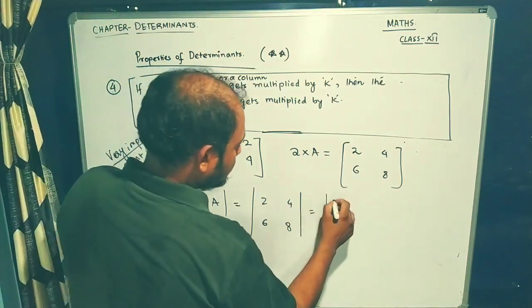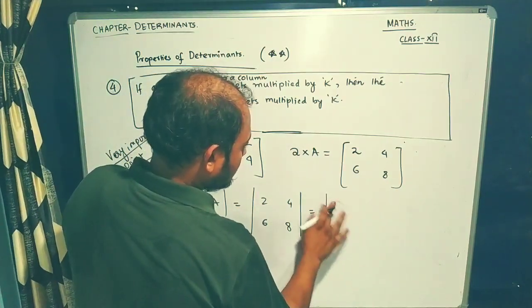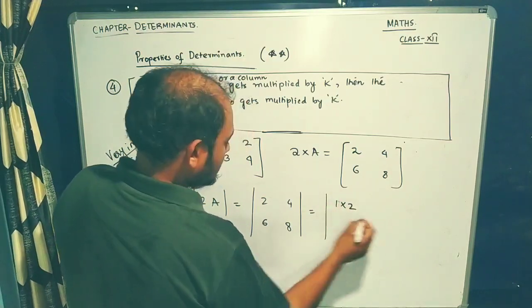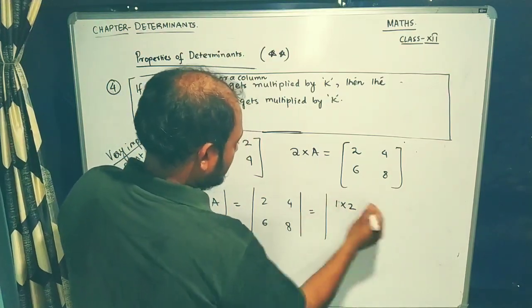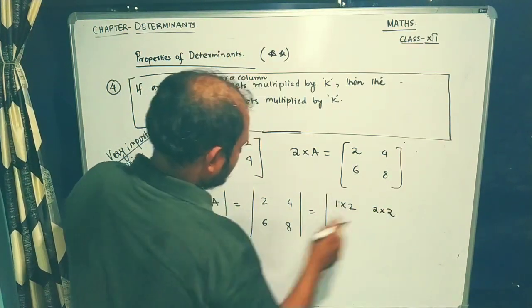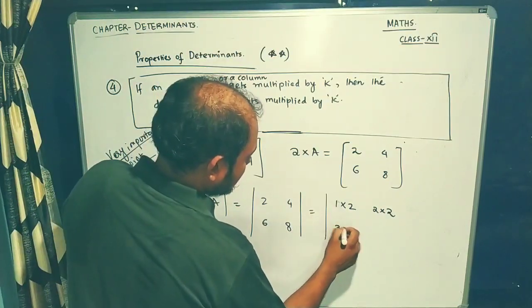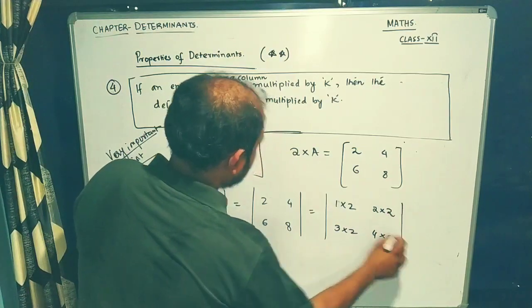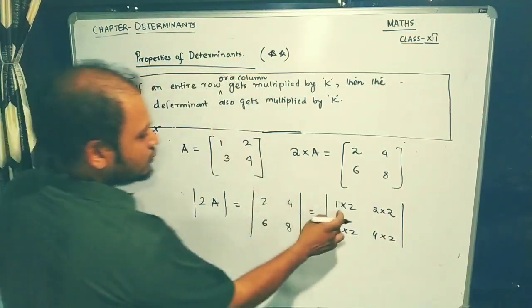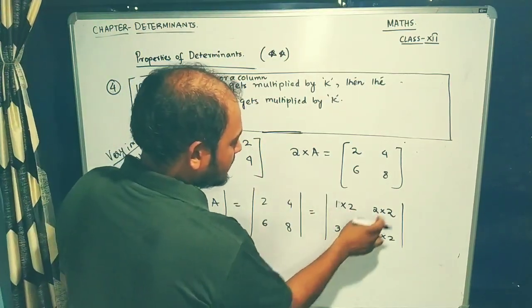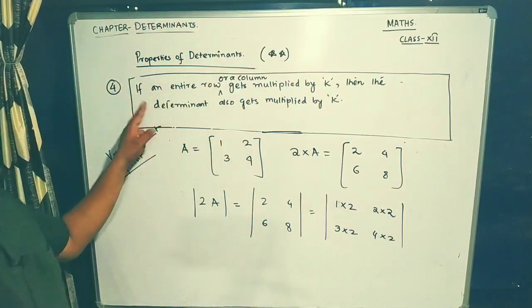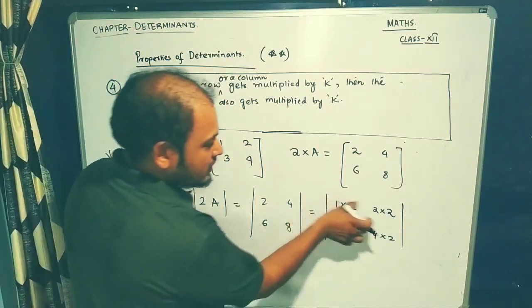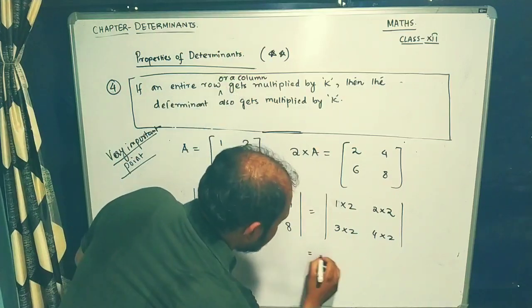So 1 was multiplied by 2 to give 2, 2 multiplied by 2 gives 4, 3 multiplied by 2 gives 6, and 4 multiplied by 2 gives 8. So previously we had the matrix 1, 2, 3, 4, but each element is multiplied by 2. Now according to property number 4, this row contains a common factor 2, so I can take 2 outside.